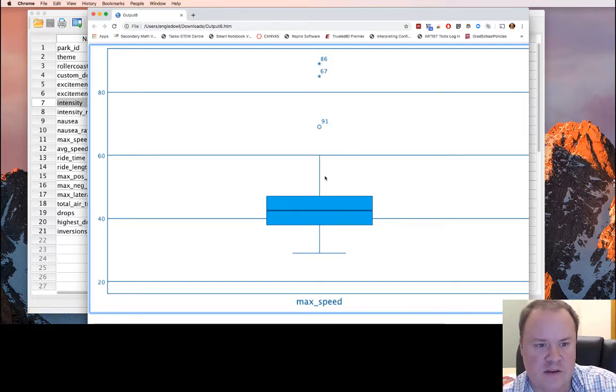The high end of the box. And then actually the next line is here. You just can't see it because it's overlapping with this line on the graph. This is the max, which actually is called the upper fence at this point because there are these 3 data points that are considered outliers up here. So those outliers are decided upon by taking this distance inside of the box and multiplying it by 1.5.